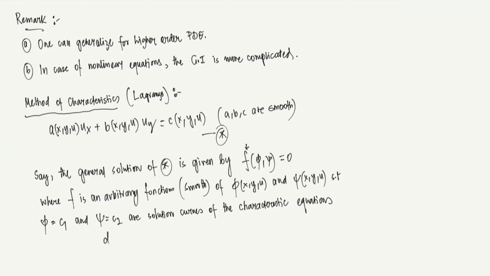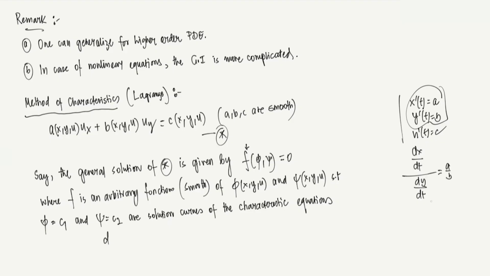What is the characteristic equation? If you remember from the earlier case, what do we have? X prime t equals a, y prime t equals b, and u prime t equals c. So if you put, let's say, these two together, what is going to happen? dx by dt by dy by dt equals a by b.